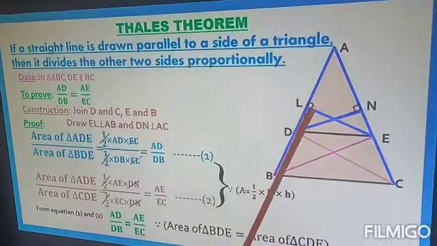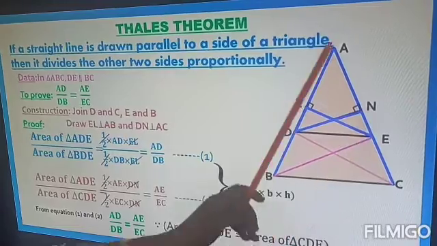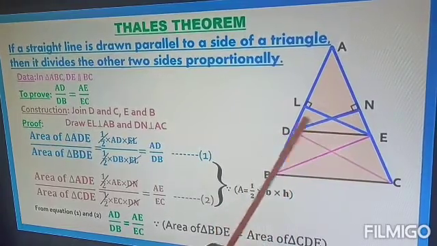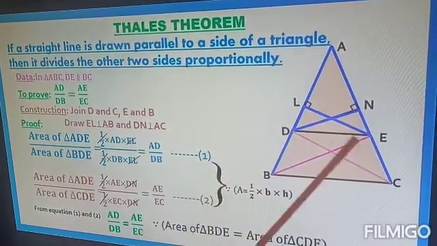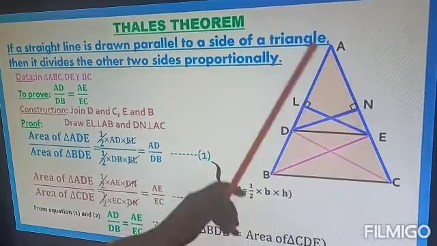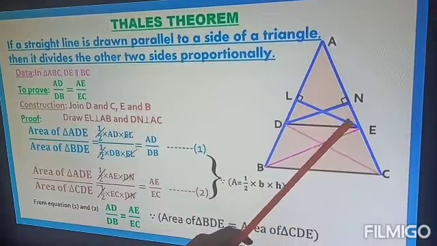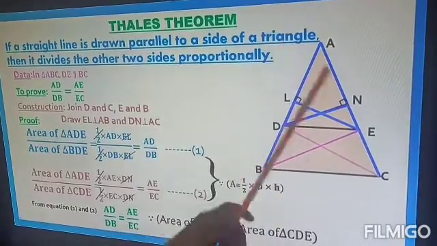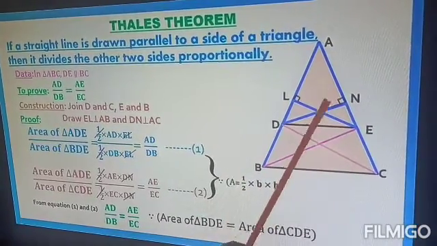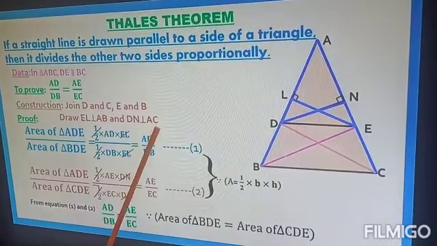In this triangle, we take AE as the base and DN as the height, where DN is perpendicular to AC. In the construction, we did it like that only.